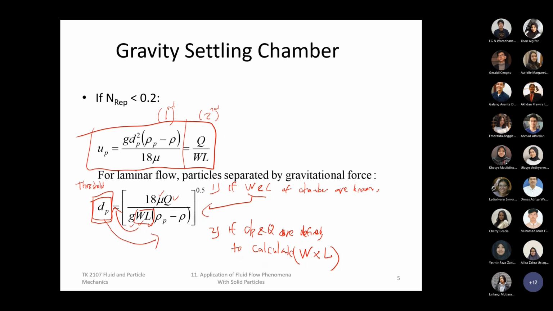Mu known, Q known, delta rho known, g known. Let's say you already measured your particle, it's 10 micrometer, for example.